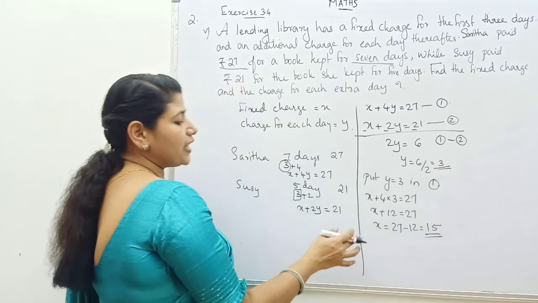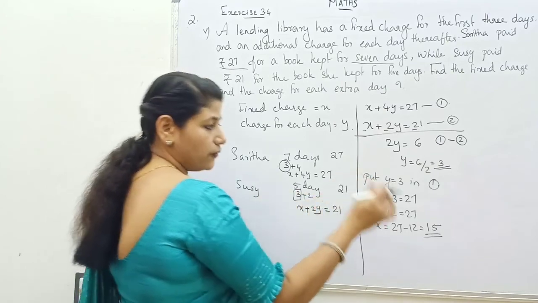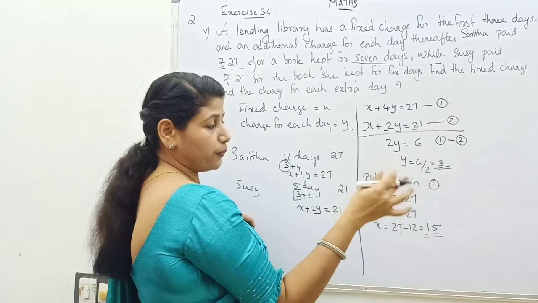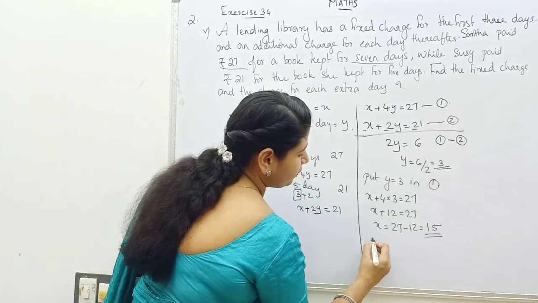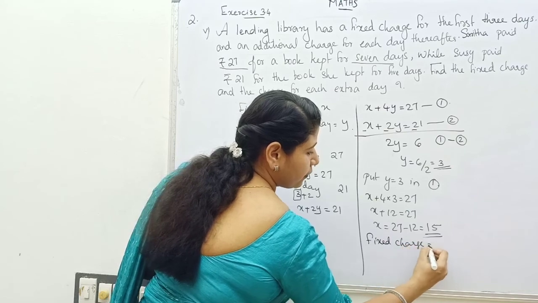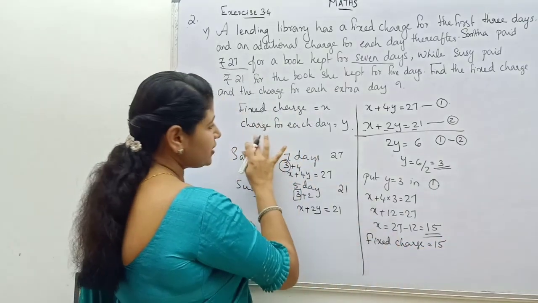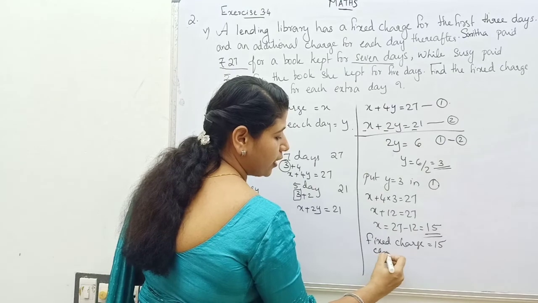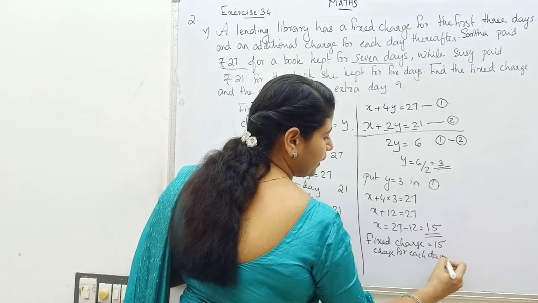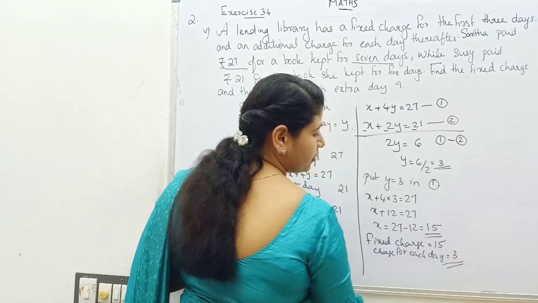So our fixed charge for the first 3 days is 15 rupees and for each extra day you have to pay 3 more rupees. The charge for each day will be 3 rupees.